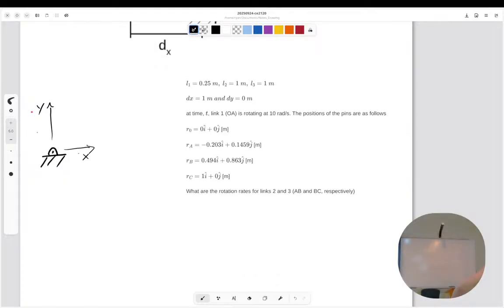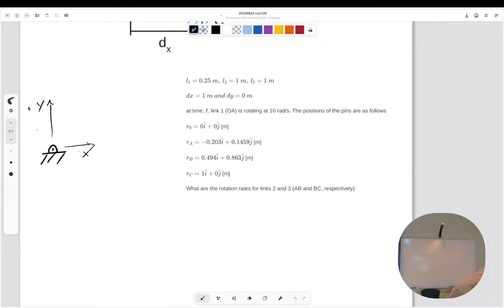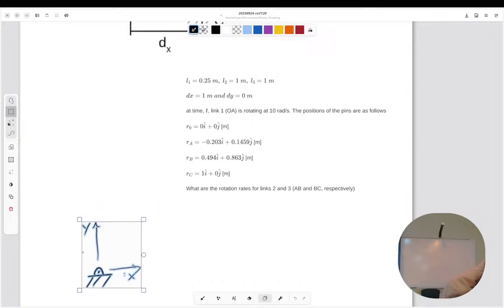Here we go. It's not letting me draw. Let me draw. Move it down here.